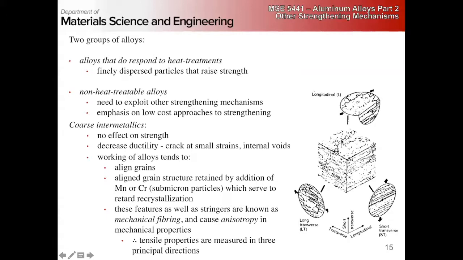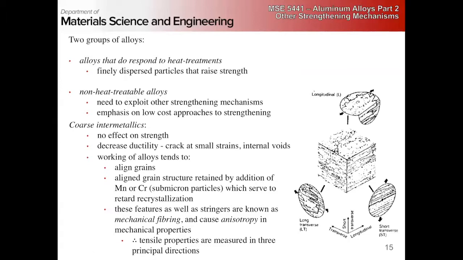If you look at them from the longitudinal direction, they appear to be precipitates that are strongly on the grain boundary, right?